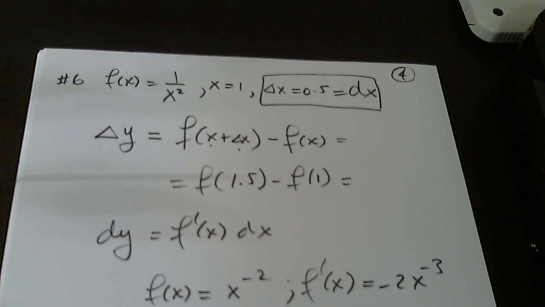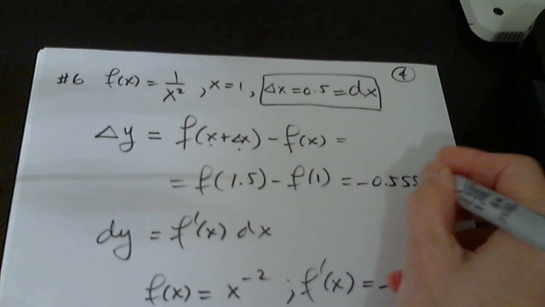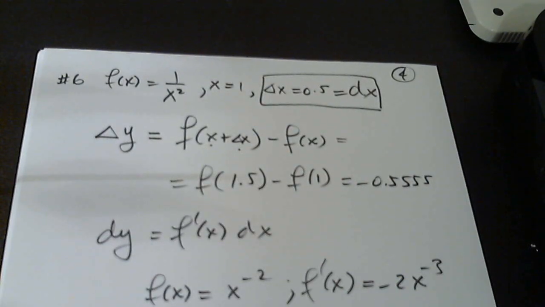Okay. So we have 1 over 1.5 squared, and then minus 1. So this is negative 0.5555. Okay.